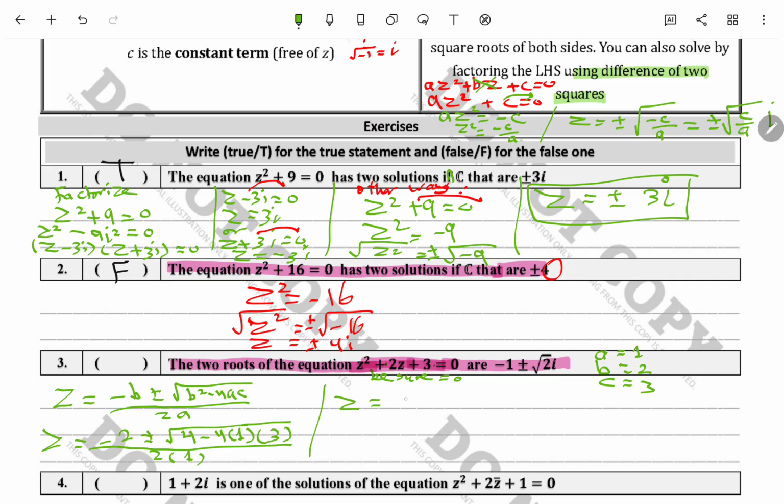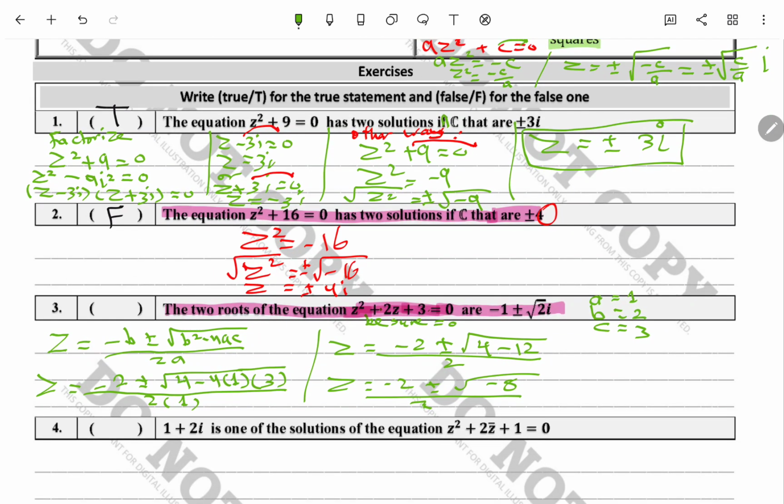Try to find z easily. Negative 2 plus and minus square root of 4 minus 12, divided by 2. After subtracting them, you can get negative 8 under the root. Then, after simplifying 8 to 4 times 2, you get plus and minus 2 root of 2, and this negative can be changed to i, divided by 2.